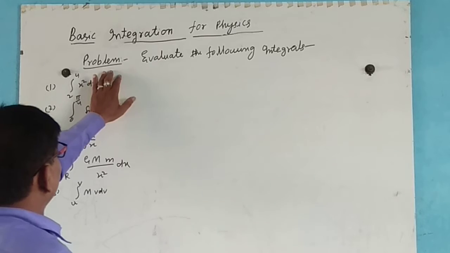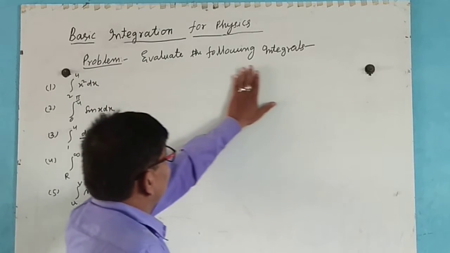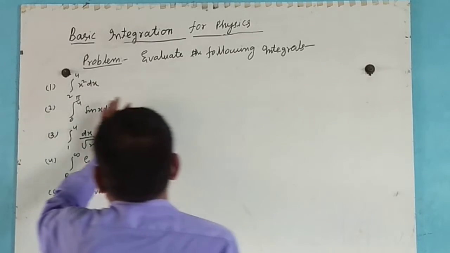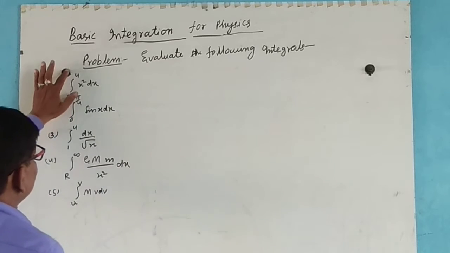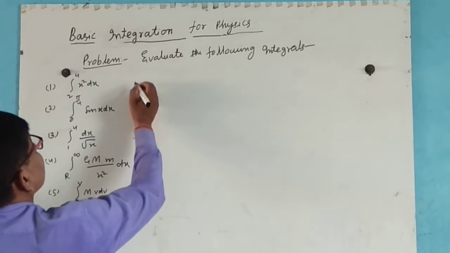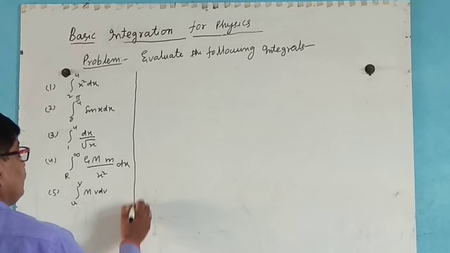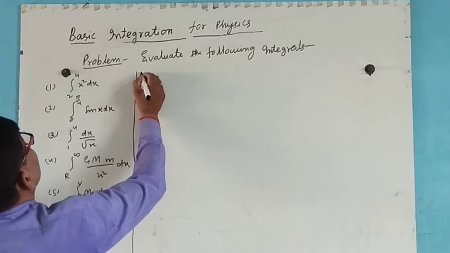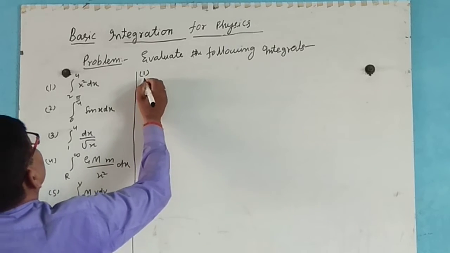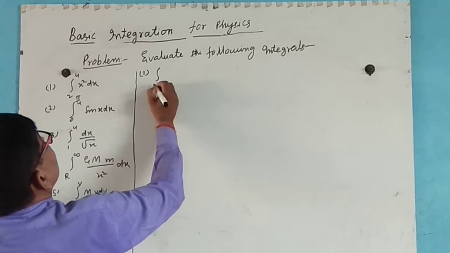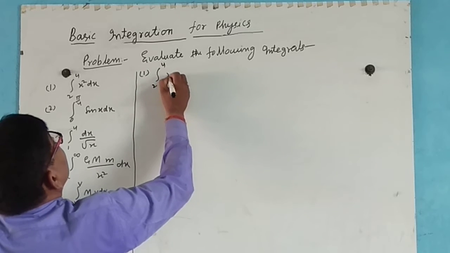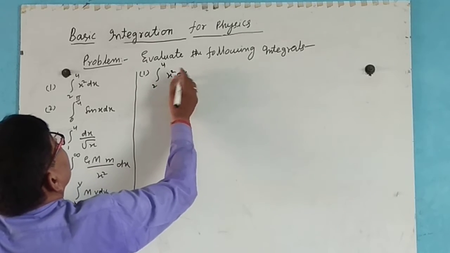Now here are some problems. Evaluate the following integrals. First question: integration from 2 to 4 of x square dx.